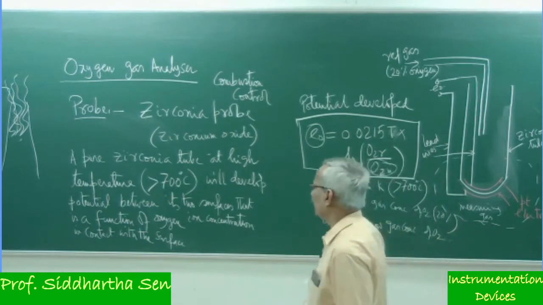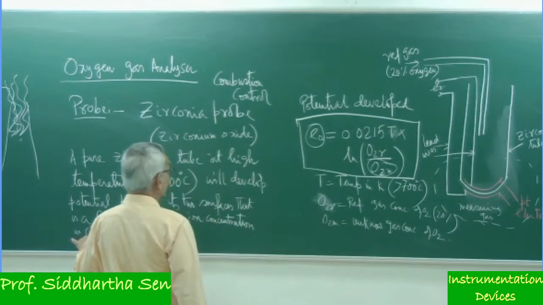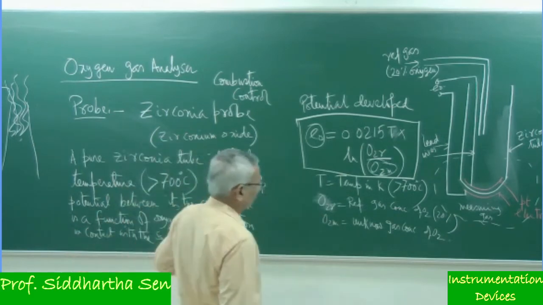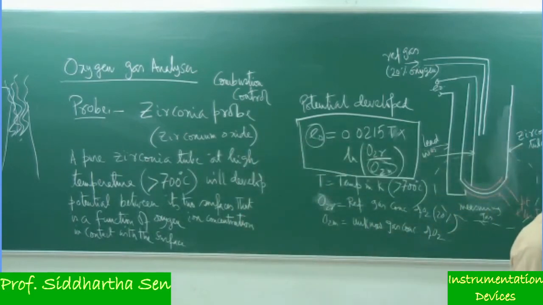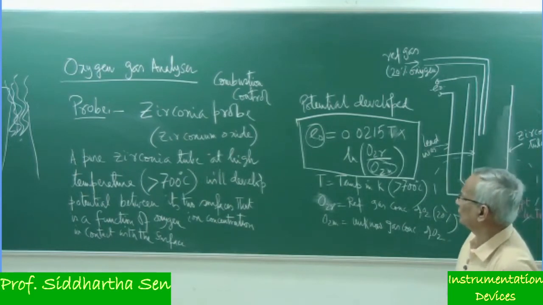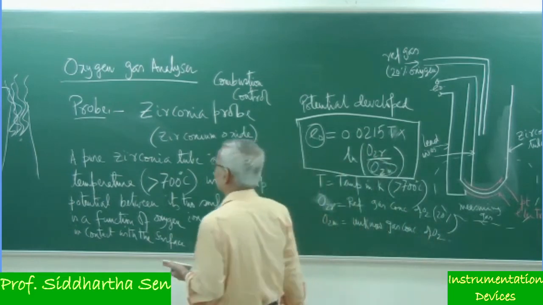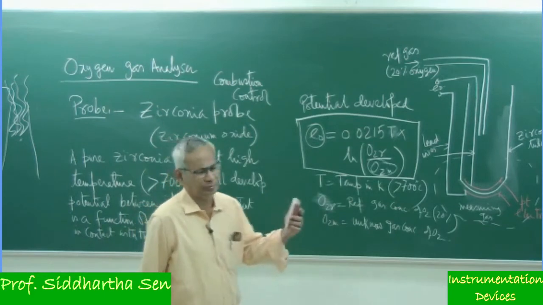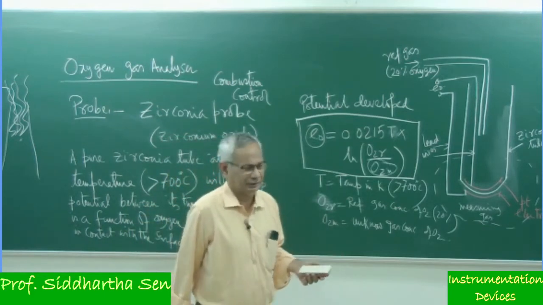As I told, there are many other things which I will not discuss, basically dissolved oxygen ion, blood sugar measurement, and those things. Maybe in the next course, the advanced sensing technique in the final year, some of the topics may be discussed. But nowadays a lot of newer measurement principles are available.